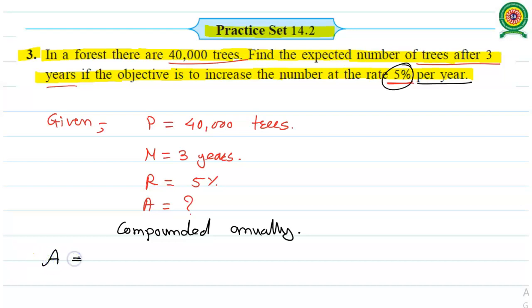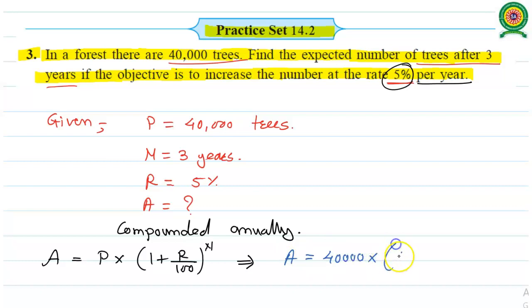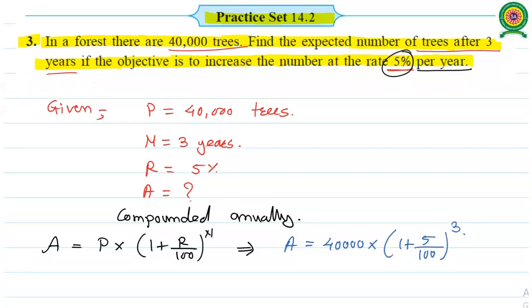So we have the formula to evaluate the number of trees at the end of the 3 years, that is, the amount equals principal into 1 plus rate of interest divided by 100, whole to the power duration. After replacing all values we get A equals principal value 40,000 into 1 plus rate of interest 5 divided by 100, whole to the power 3.